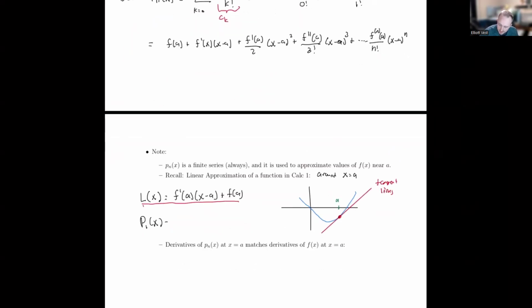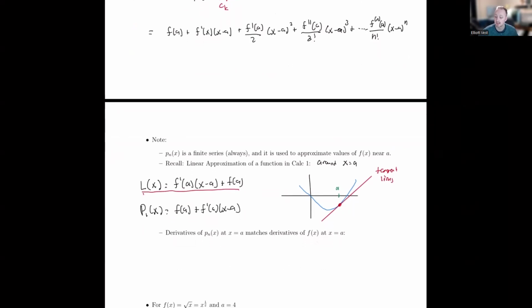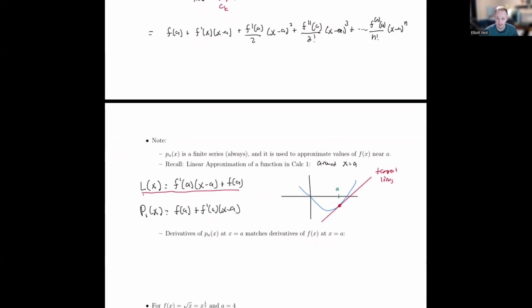P1 of x is equal to f of a plus f prime of a times x minus a. So we've already done the P1 of x approximation, aka linear approximations in Calc 1. Now we're just going to build it up to higher derivatives.